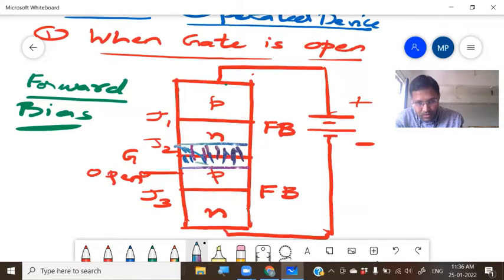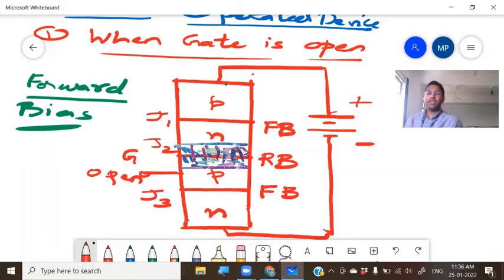This is the reverse biased junction. So under forward biased condition, when the entire device is forward biased, J1 is forward biased, J3 is forward biased, whereas J2 is reverse biased.